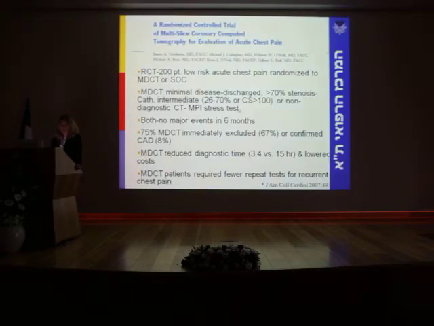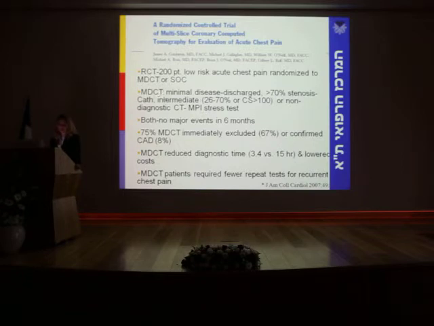So the first publication was in 2007 by Goldstein, who did a randomized controlled study on 200 patients presenting with low-risk acute chest pain to the ER, and they were randomized to one arm of MDCT and the other standard of care, meaning myocardial perfusion imaging stress test in nuclear medicine.